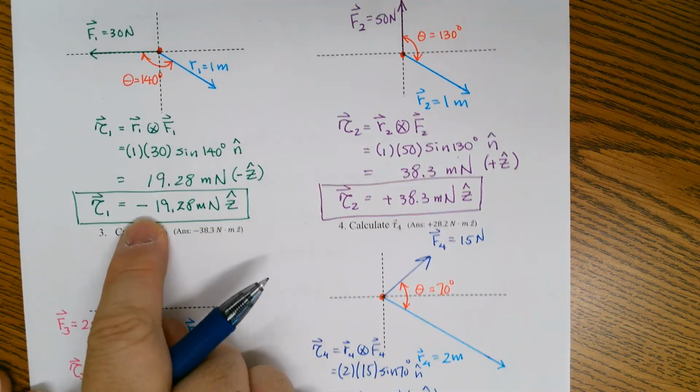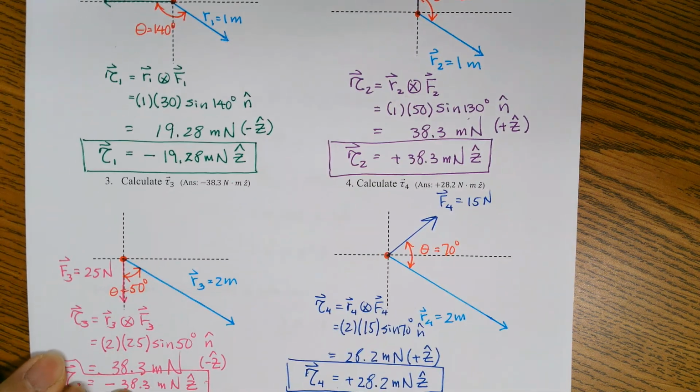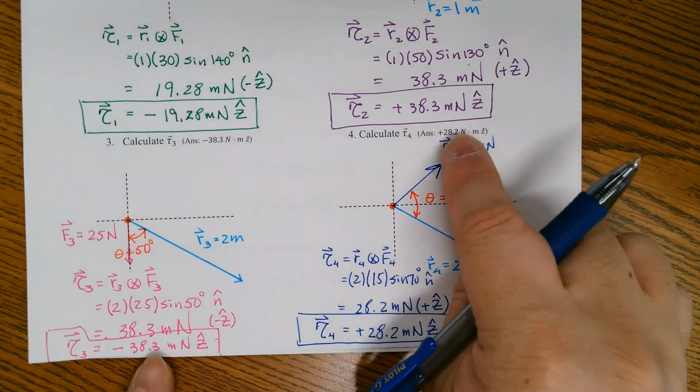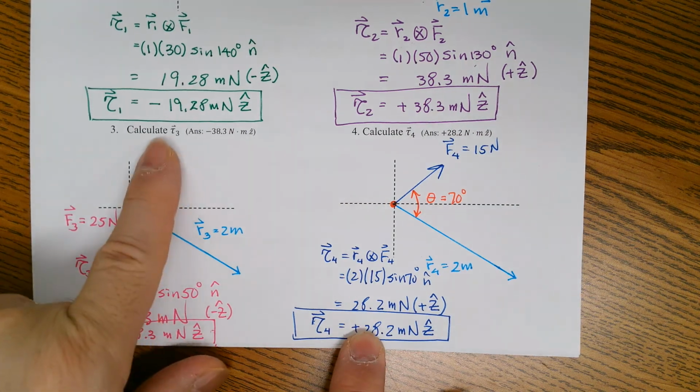So if you add these up, negative, positive, negative, positive, these two will pretty much cancel each other out. So it's this and that.